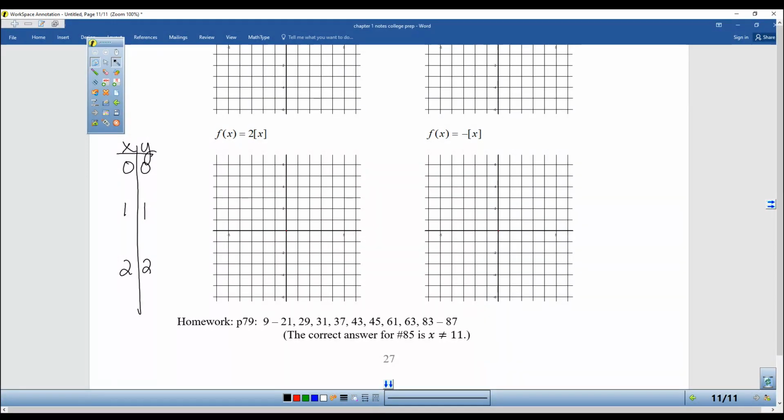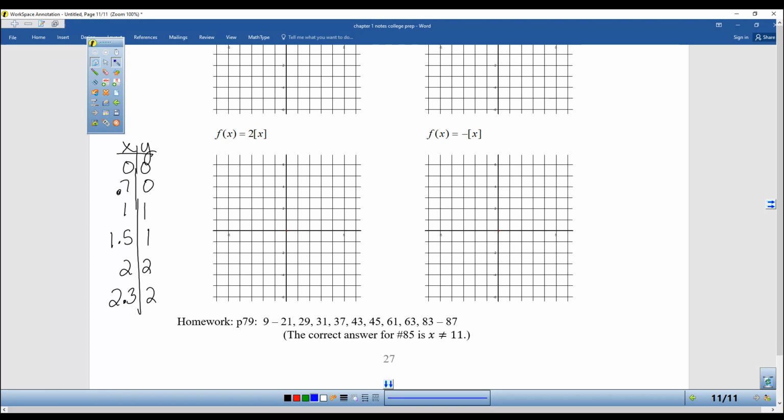But the greatest integer function only is easy to graph if you graph something in the middle. So when you're, say, 0.7, you're still 0. When you're 1.5, you're still 1. When you're 2.3, you're still 2. You really are going to want to have some extra numbers in this besides just the integers. Otherwise, you won't be able to graph it.